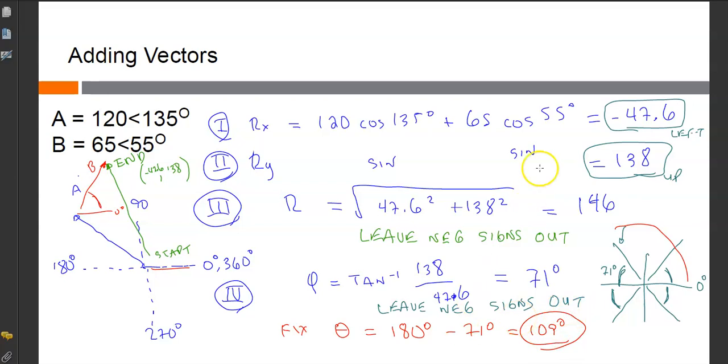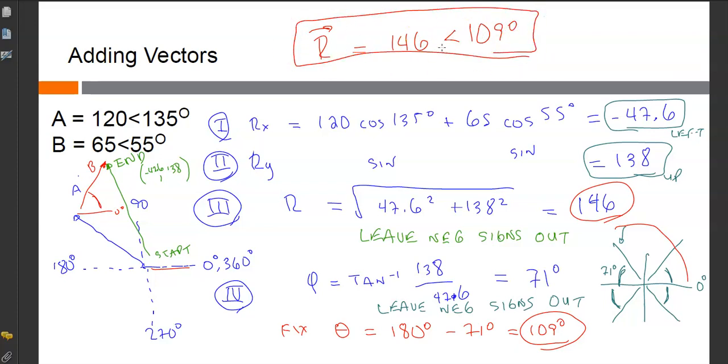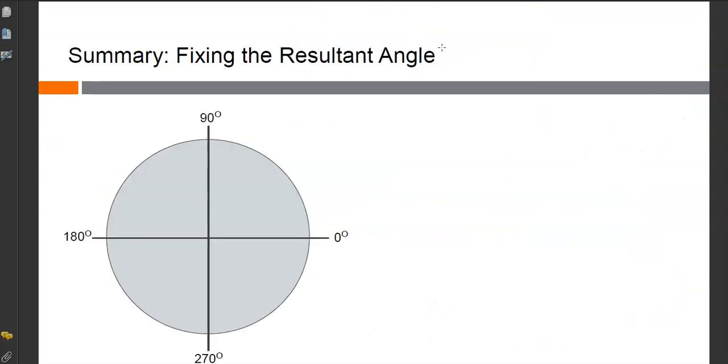That's the angle I want. This is the magnitude that I want. And I could write: the resultant of these two vectors is a vector, and you need to go 146 somethings at an angle of 109 degrees, and that would be the answer we would want. All right, here's a little picture on how to know what to do with this.